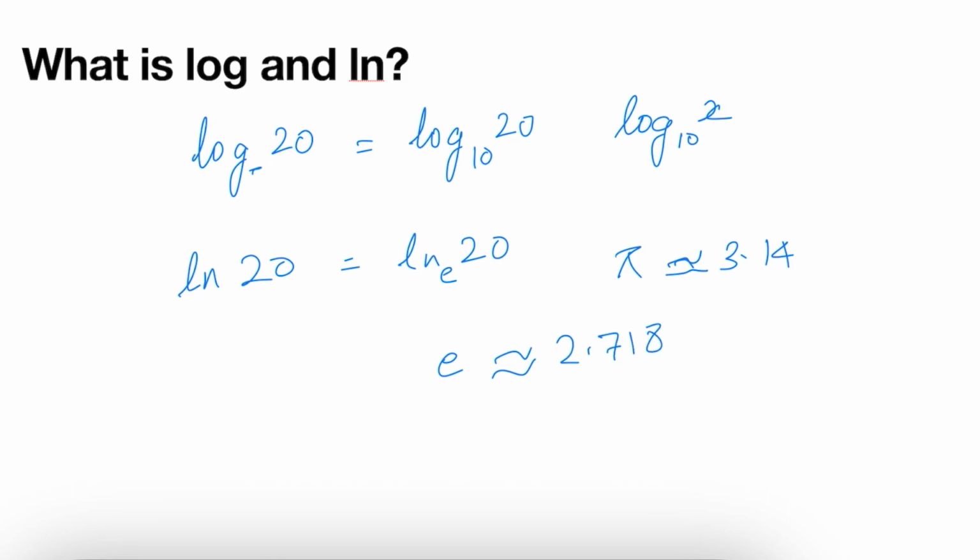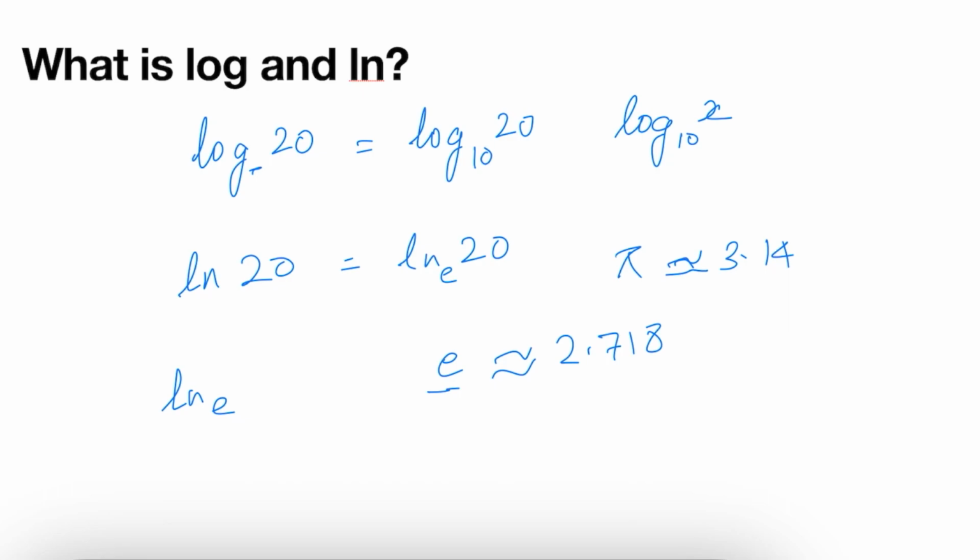So this is the natural logarithm. So whenever you see ln, it means that it is to the base e. So normally log to the base 10 and natural logarithm, which is to the base e, are commonly used.